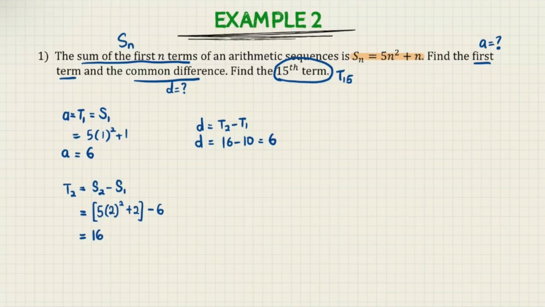So kita dah jumpa A, kita dah jumpa D, so we have already answered the first question and the second part here, common difference. Now nak cari T15. So T15 will be equals to A plus 14D.